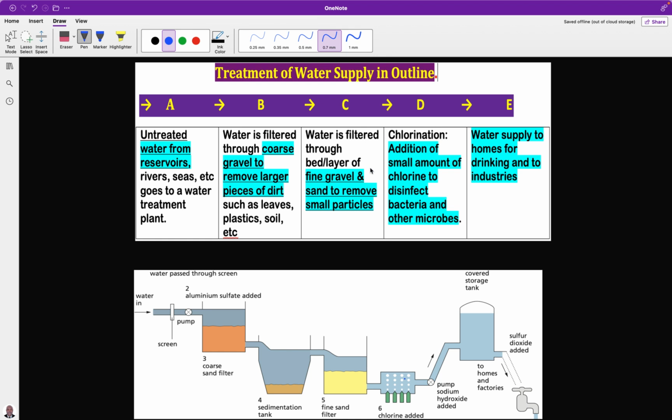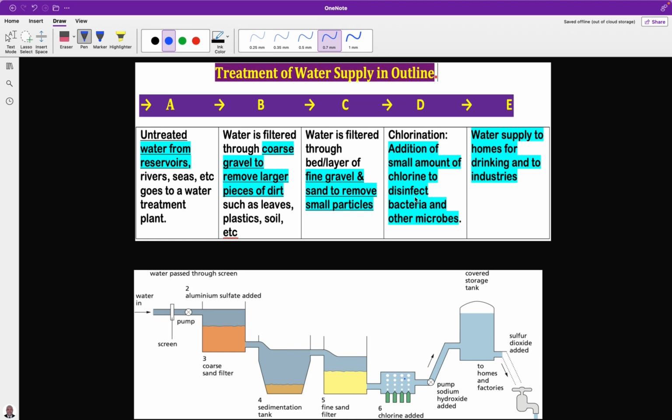The water is now passed into what we call the chlorination tank. In the chlorination tank, a small amount of chlorine is added. Chlorine is a disinfectant. It will help to kill microorganisms, bacteria, fungi, and other organisms that were flowing in with water from the reservoir.